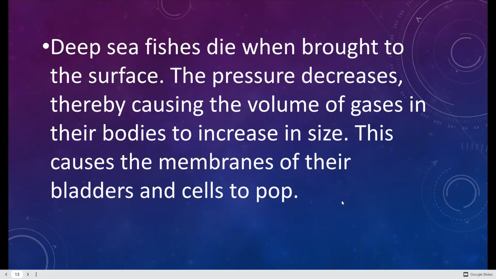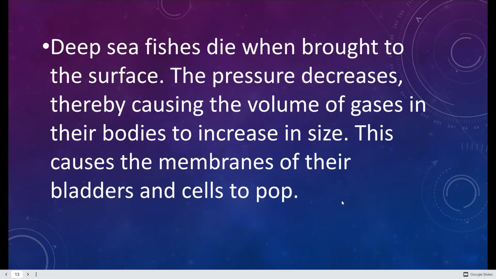Number one, or number two, it could be that there is a disturbance in their habitat, or there are some movements in the seafloor that disturb them and they go up. That's the reason.